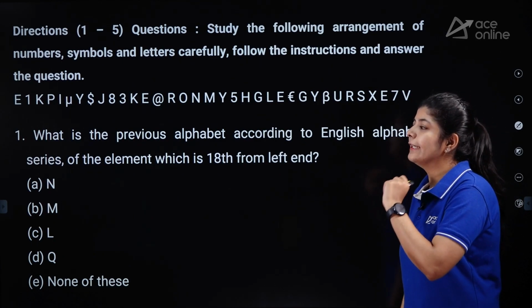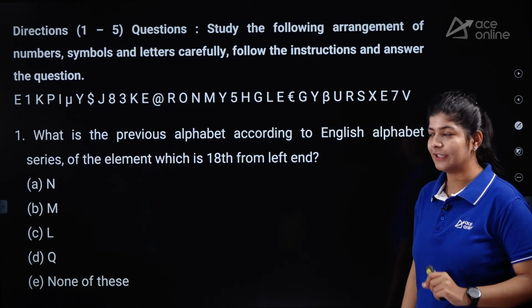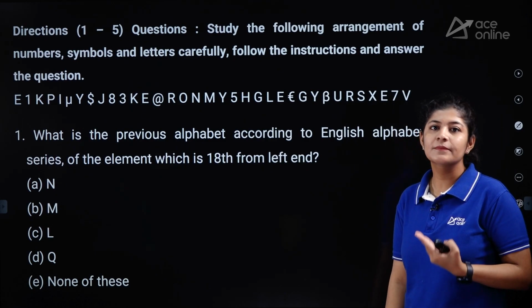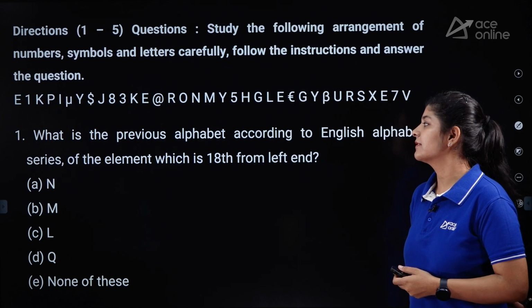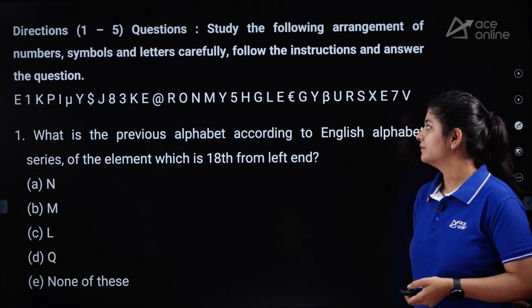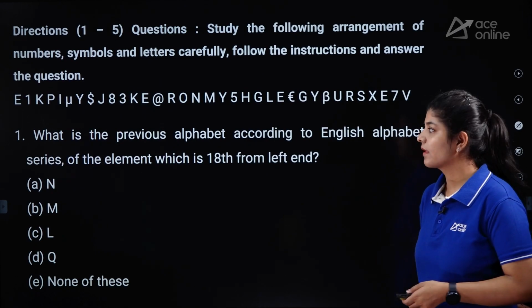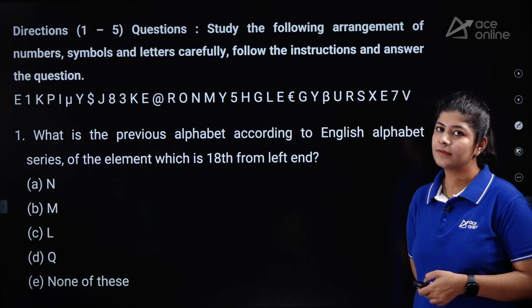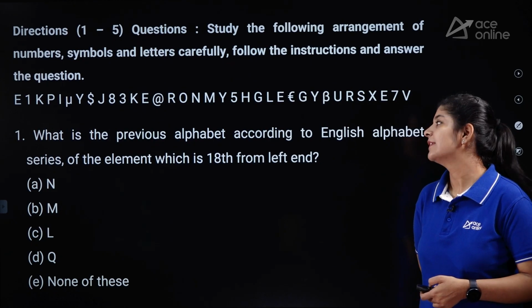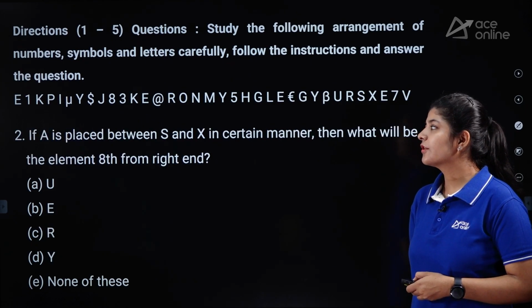Just simply read each and every word carefully and try to identify a correct answer. This is your second question.